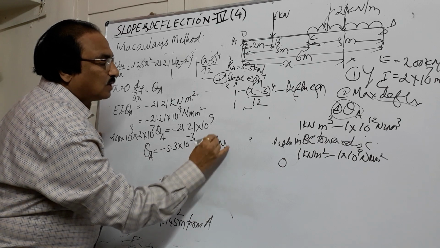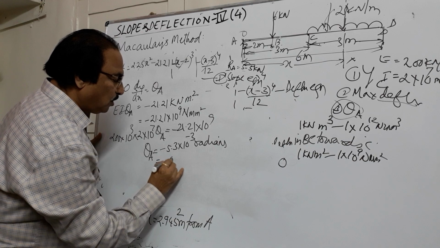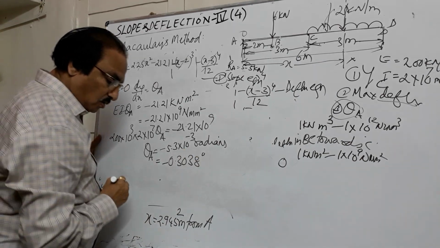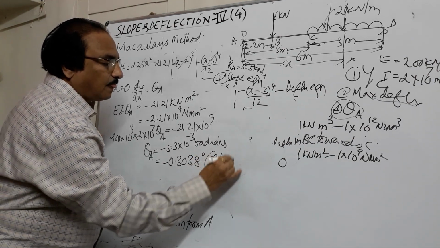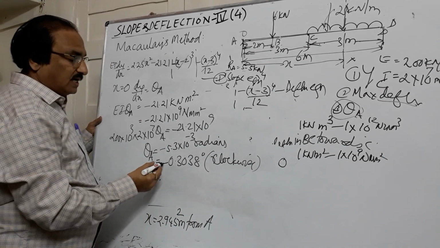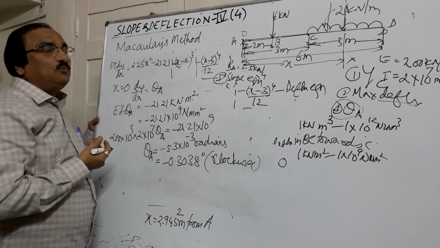So you convert this radians into degrees. So this will be minus 0.3038 degree. Now this negative indicates the rotation is clockwise. Anticlockwise we take as positive, we are getting negative, so the rotation is clockwise.